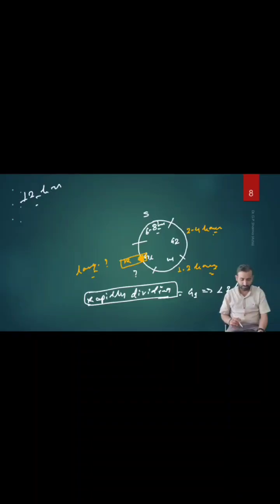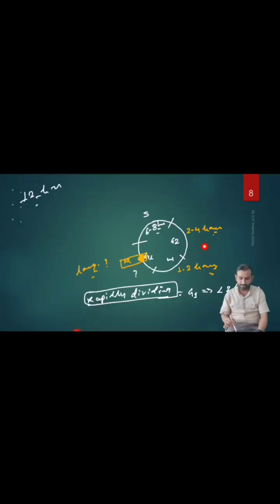That is the R point, the restriction point. If it crosses the restriction point, now there is no restriction to the cell cycle. It will continuously go to the S phase, G2 phase, and M phase if there is no DNA damage or DNA mismatch, right?